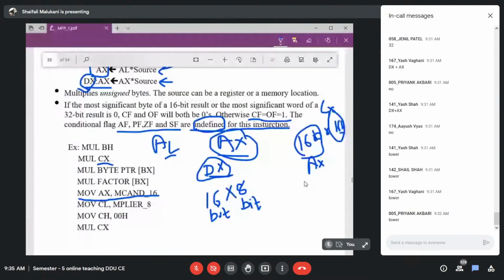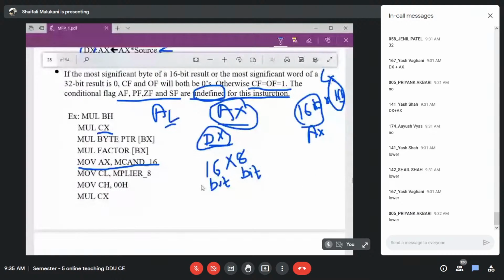Here, suppose I am storing this in AX. Can I store the 8-bit data in CL?